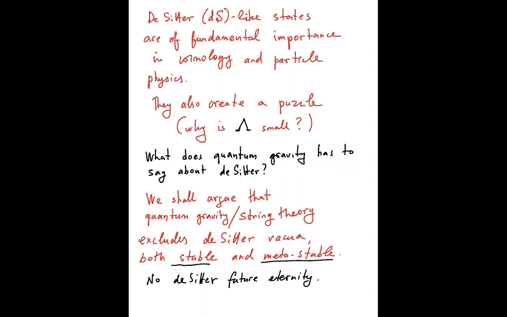The de Sitter-like state describes a phase. It is commonly accepted that the current cosmological model is the model of inflation, so we come from a de Sitter type epoch back in the past. Also, current observations indicate that we are re-entering a de Sitter type epoch now, because of so-called dark energy.